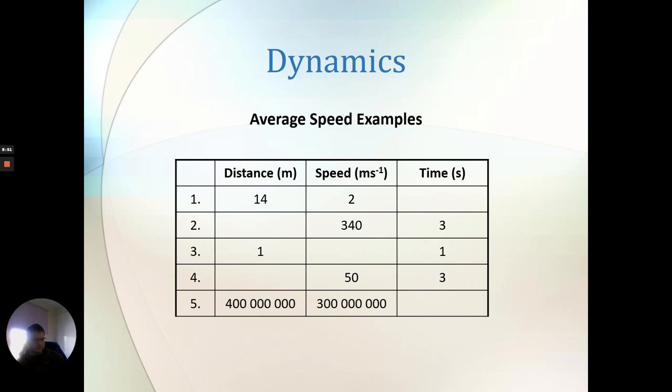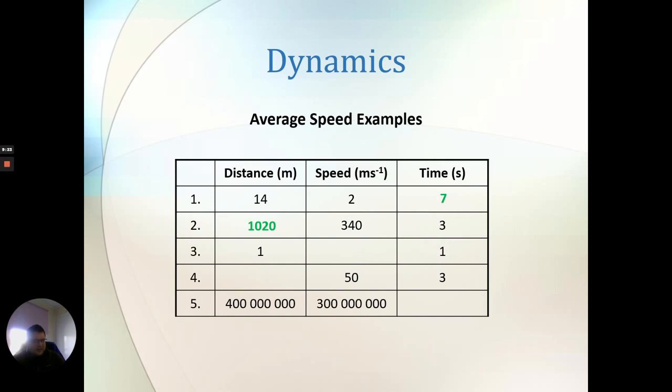Okay, so with time equals distance over speed, so that is 14 divided by 2, so we get 7 seconds for the first one here. Then our distance is equal to speed times time, so 340 times 3, so that equals 1020.